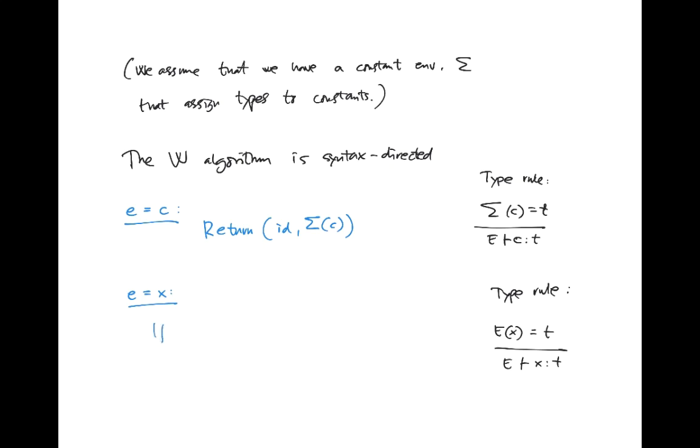If x is mentioned in the domain of E and E of x is for all a1 up to for all ak s, then return the identity substitution and the type s.